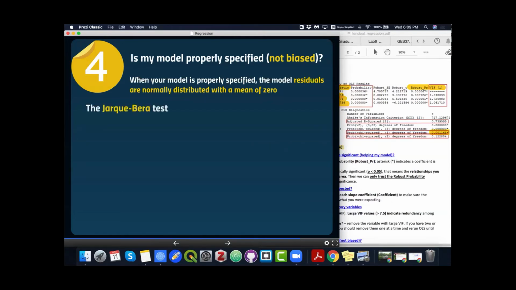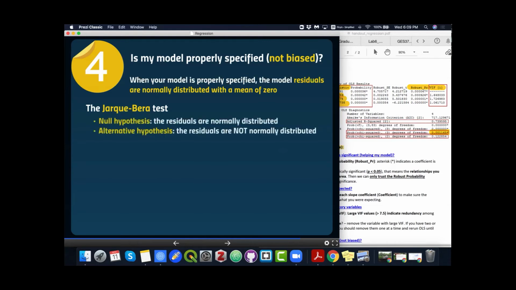To determine whether your residuals are normally distributed with a mean of 0, we're looking at the JB test. I'll just use JB test, because I'm not entirely sure how to pronounce those. If you know, feel free to let us know. For the JB test, the null hypothesis is the residuals are normally distributed, and the alternative hypothesis is the residuals are not normally distributed.